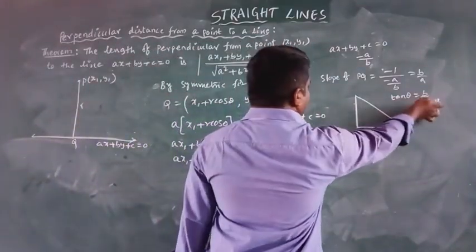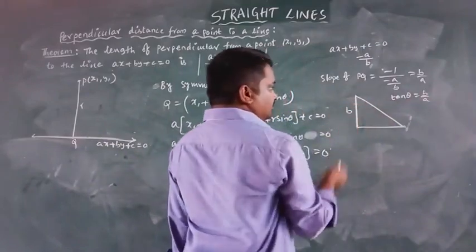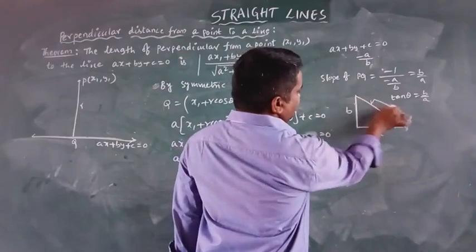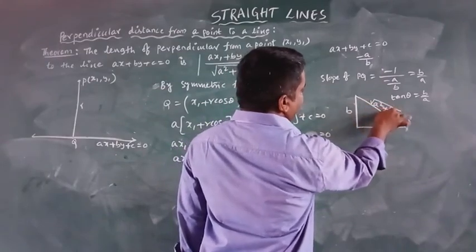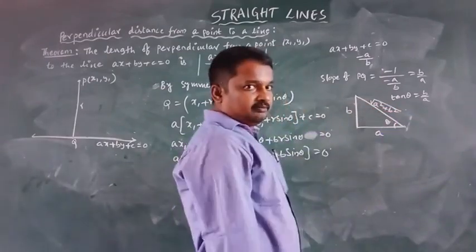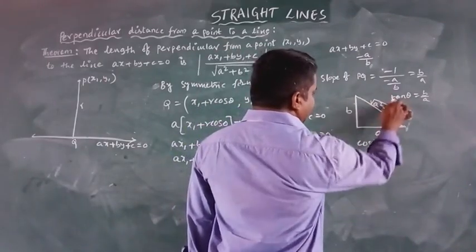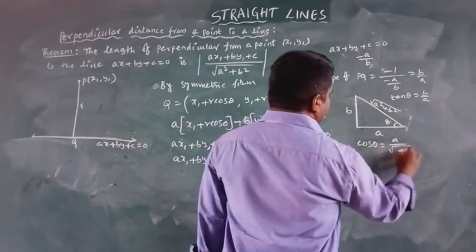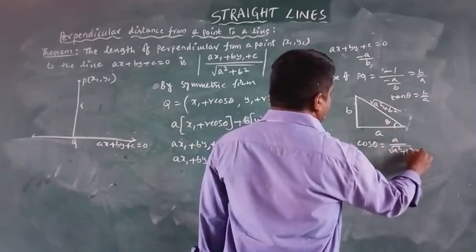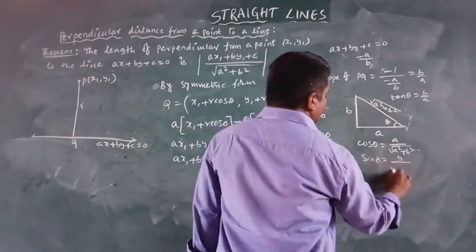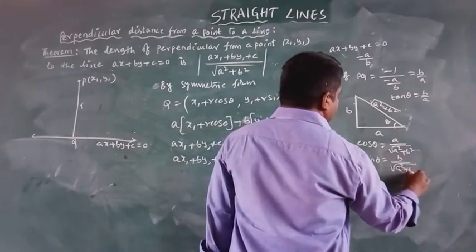So tan theta is b by a, meaning b is the opposite side and a is the adjacent side. Then what is the hypotenuse by Pythagoras theorem? Square root of a square plus b square. From that, what is the cos theta formula? Adjacent by hypotenuse: a by root over a square plus b square. What about sin theta? b by root over a square plus b square.